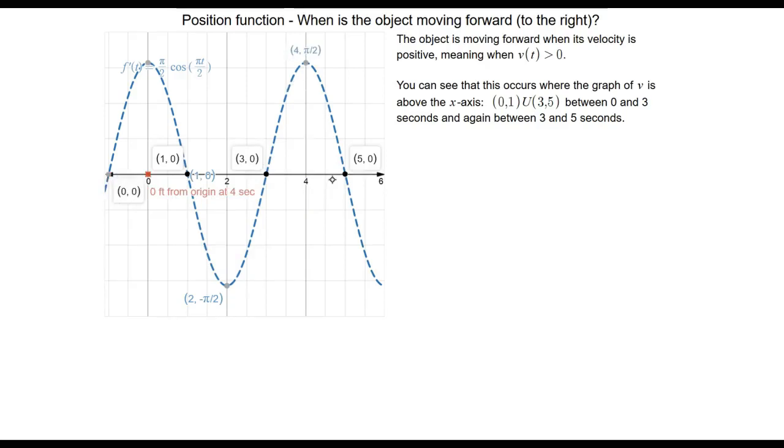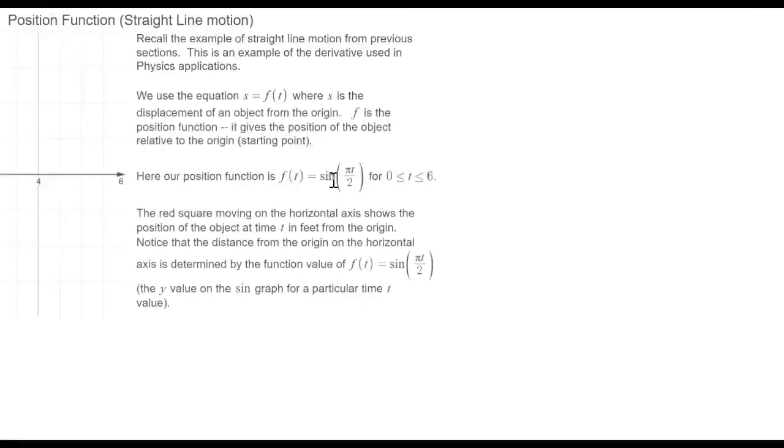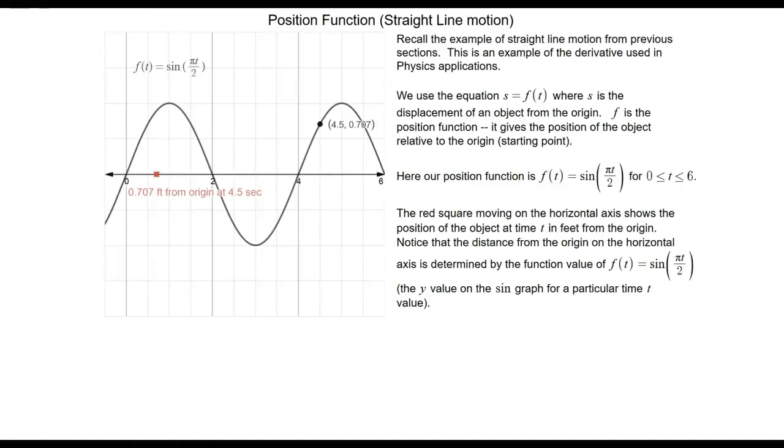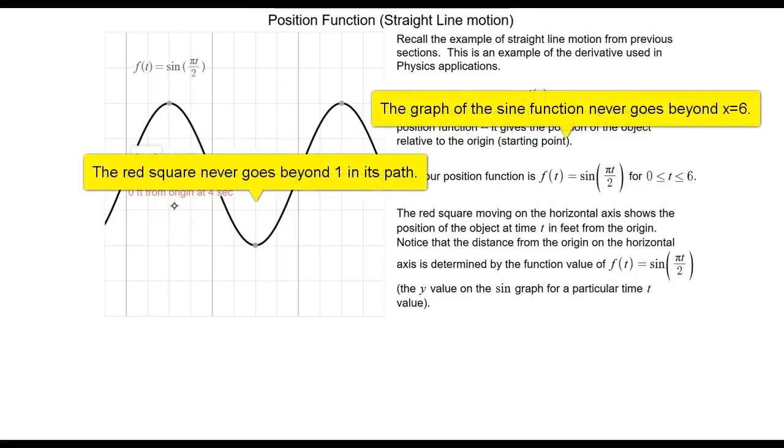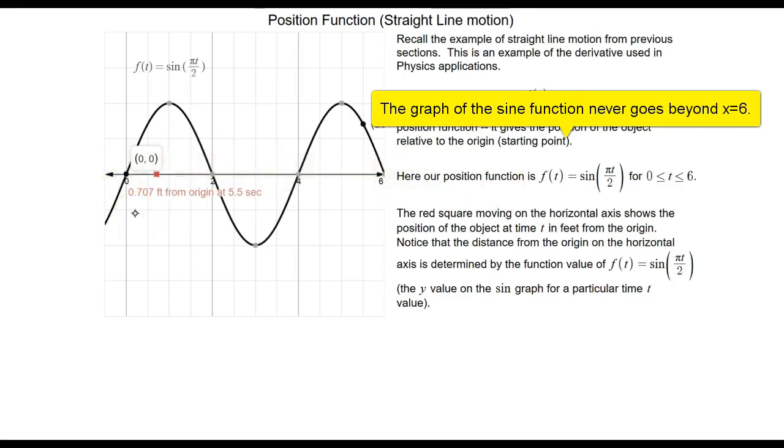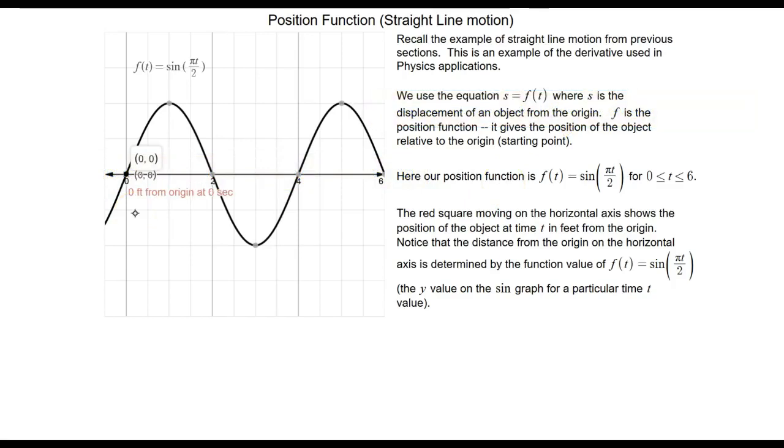And just for point of clarification, I'm going to move back to my original slide for this problem. T is between 0 and 6. So the little red square starts here at t equals 0 and bounces back and forth in its path. It never goes beyond 6. And remember that the horizontal axis is doing double duty.